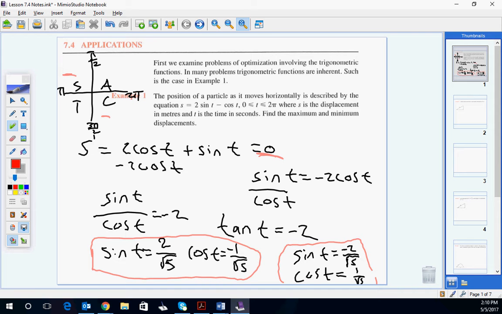So when we do that, let's just do this one here. 2 times 2 over root 5 minus a negative, so that's going to be plus. So then 2 times, this is an awful root 5 here.